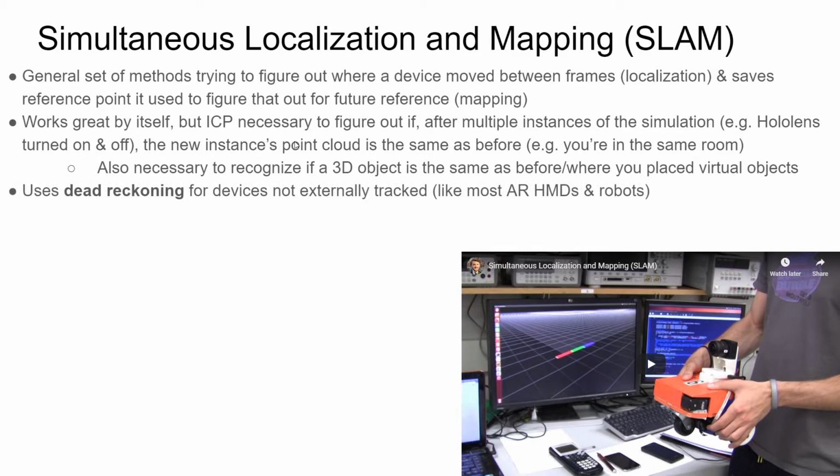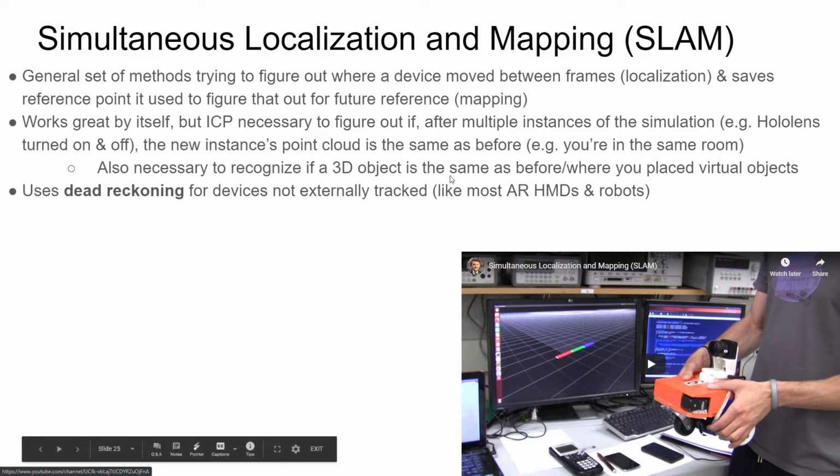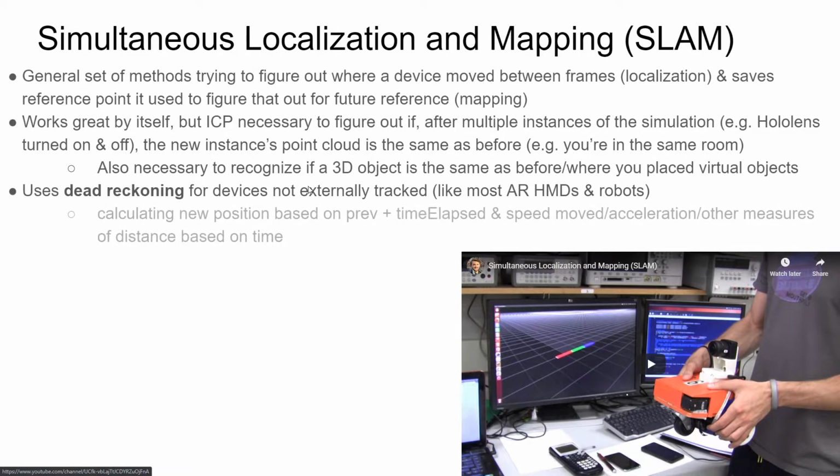Without ICP, these SLAM methods typically use dead reckoning to figure out where the environment is. For anything that's not externally tracked, like a lot of AR headsets that don't have any external trackers, like the HoloLens, and a lot of robots, they use dead reckoning to make a prediction about how much the robot or the headset has moved.